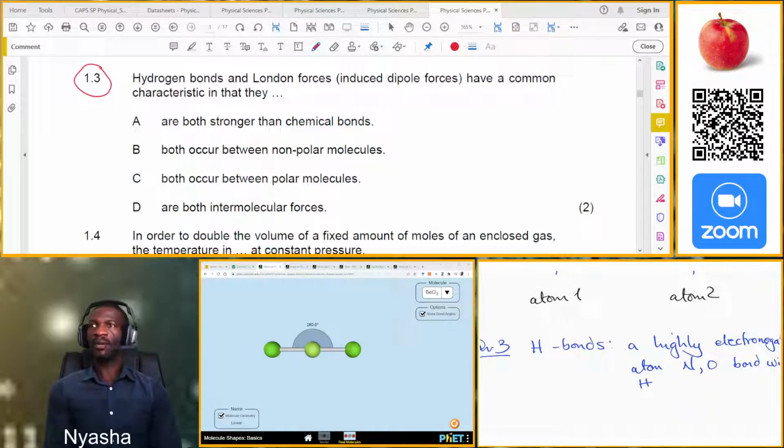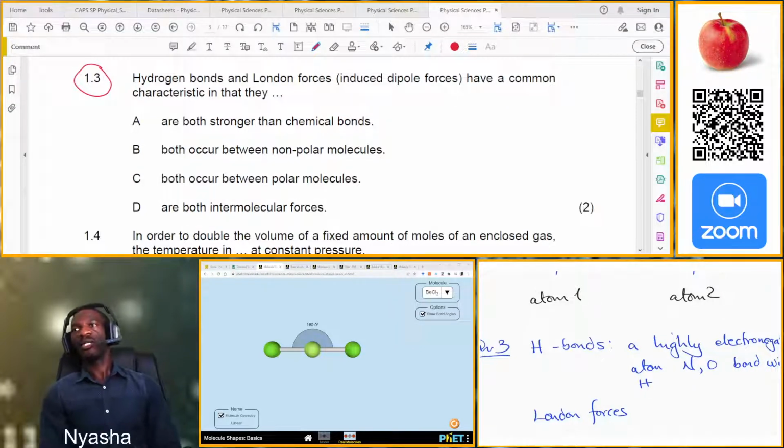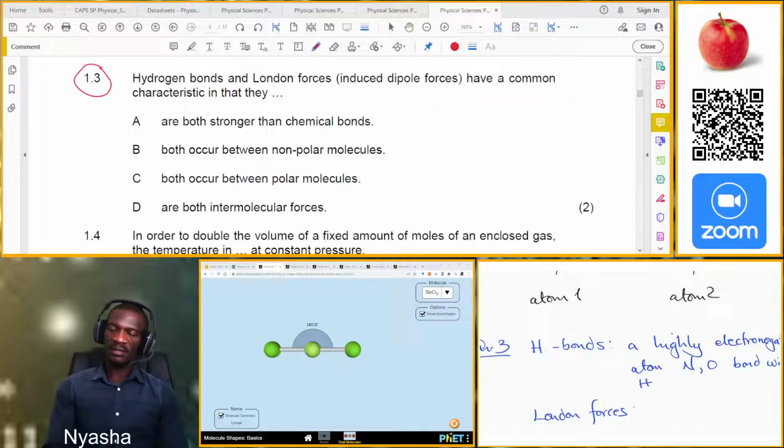You have defined these, the hydrogen bonds. Next, London forces. How do you define London forces or induced dipole forces? These are now intermolecular forces, right?